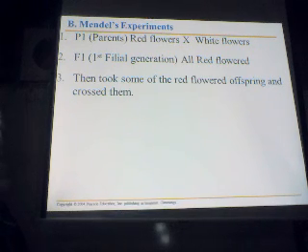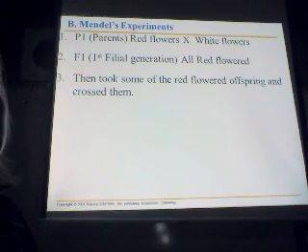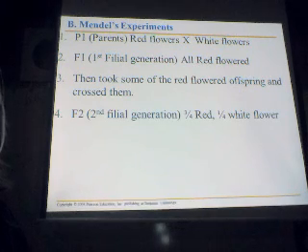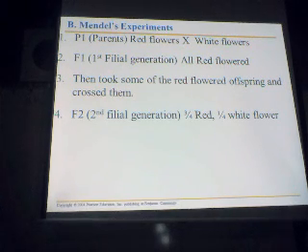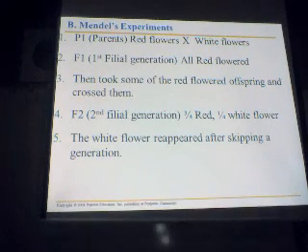He then was curious about what happened to the white flowers, and he took those offspring from the parents and crossed them with each other. The second generation, the F2 generation, or the second filial generation, produced 3/4 red flowers and 1/4 white flowers. The white flower reappeared after skipping a generation.